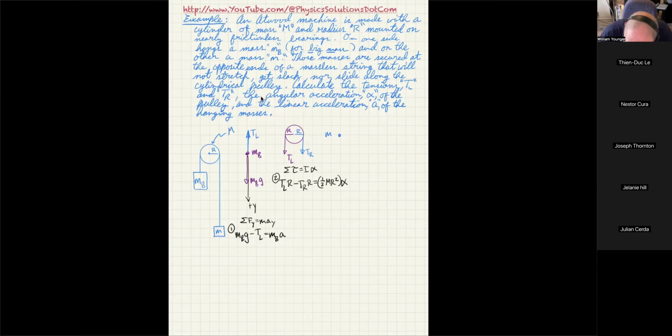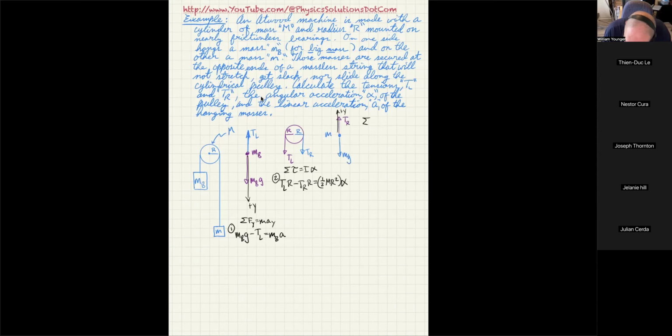So I'm going to say that acting on this side is a tension T_R, and then acting in the downward direction, which is the negative direction here, is in fact mg, and I'll just draw my axis like this and call that the positive y-axis.